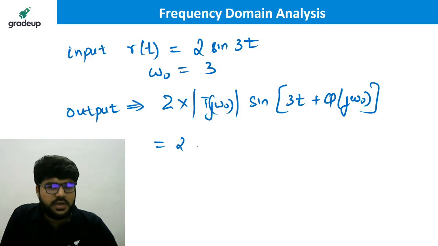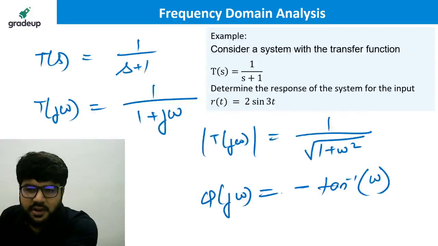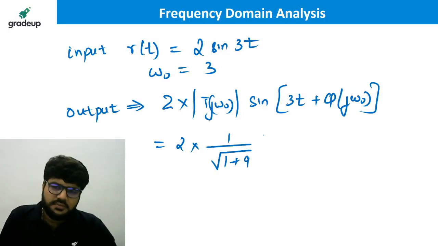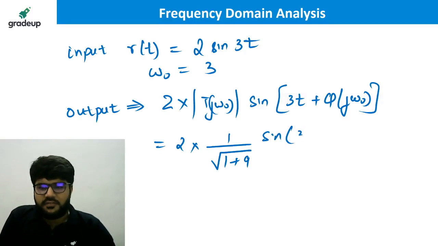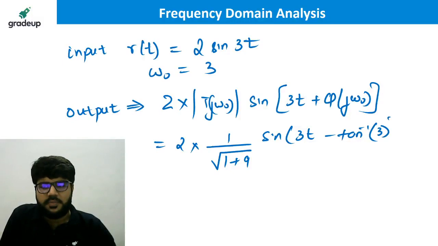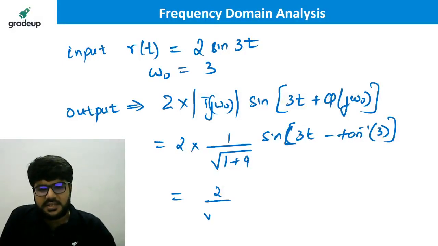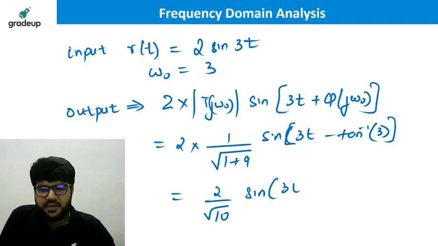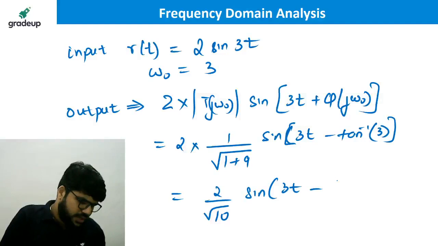So this is equal to 2 into mod of T j omega naught. Put omega naught equal to 3 here. That is 1 upon under root 1 plus 3 square, sine of 3t minus tan inverse omega naught, and omega naught is equal to 3. So this answer is, guys, 2 divided by root 10 into sine of 3t minus, what is this angle coming up as?